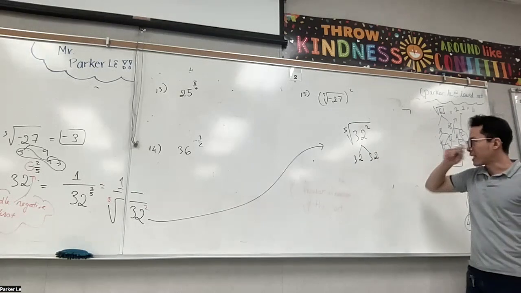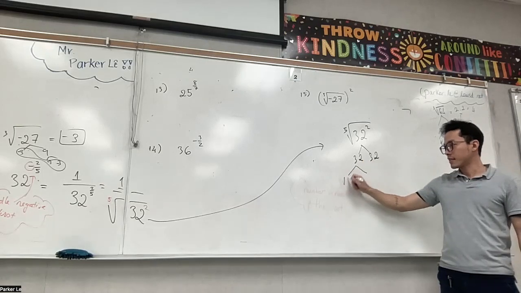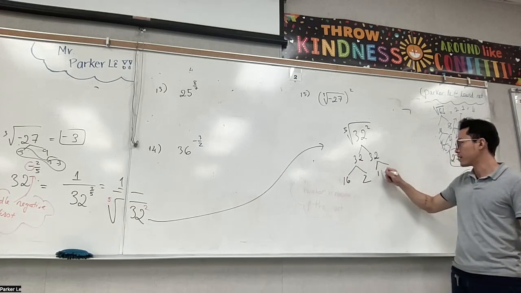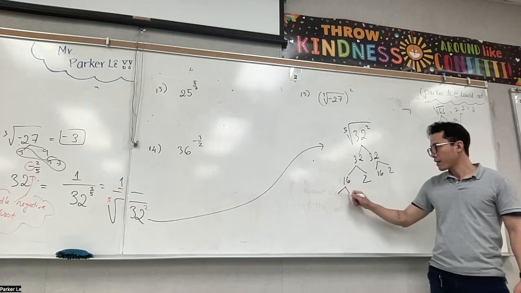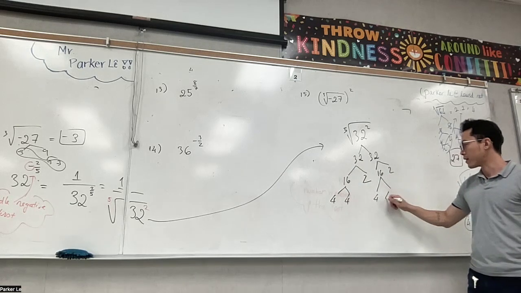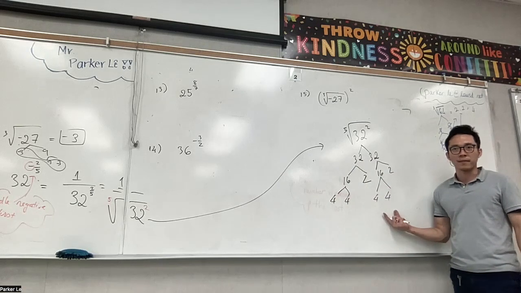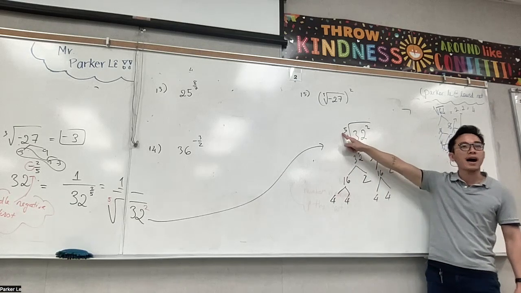Now can you break the 32 for me? 16 and 2. So same thing here, 16 and 2. And then can you break the 16 for me? 4 and 4. Same thing here, 4 and 4. Don't break more because you already see the same number. But how many same numbers are you looking for? 5.